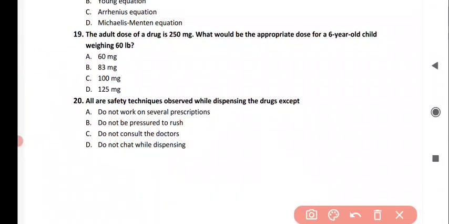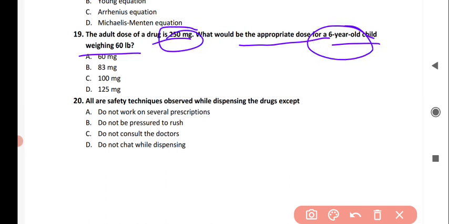So the question is the adult dose of a drug is 250 mg. So what would be the appropriate dose for a 6-year-old child weighing 60 lb? So adult dose is given, that is 250 mg. Age is given 6-year-old, weight is given 60 lb.